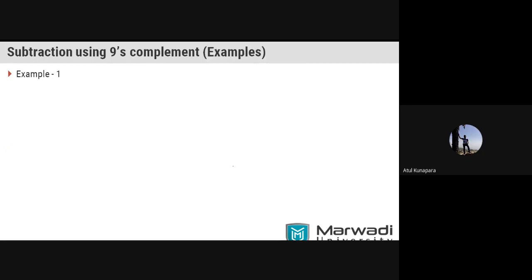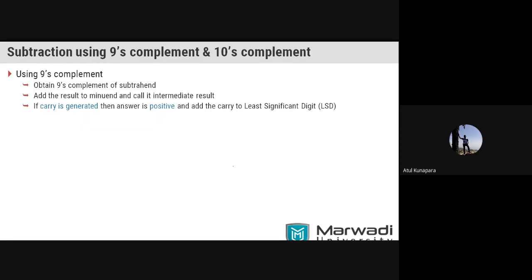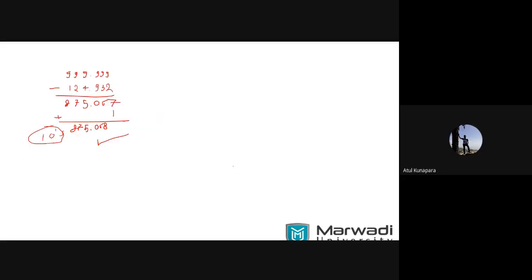Just see that. First of all, let us see the, yes, any query there? Yes, sir. Sir, for 10's complement, if we have a digit with ending term 0... Are you asking me for this conversion? Yes, this conversion.